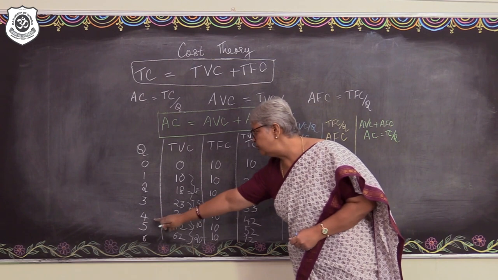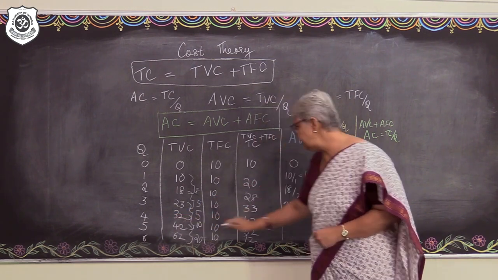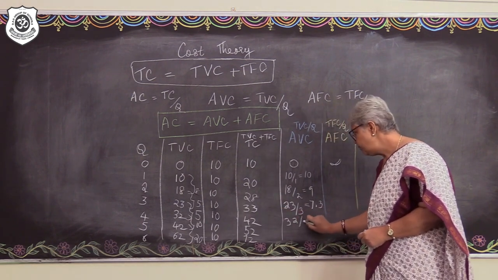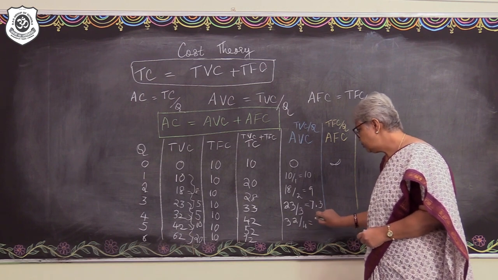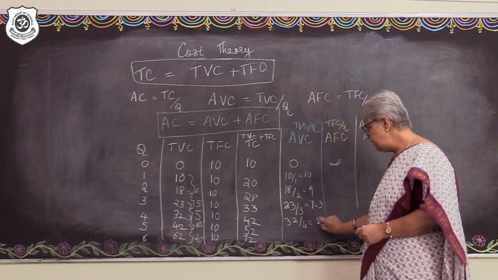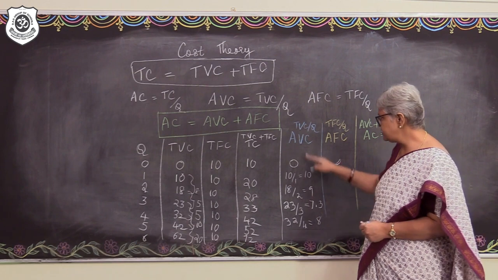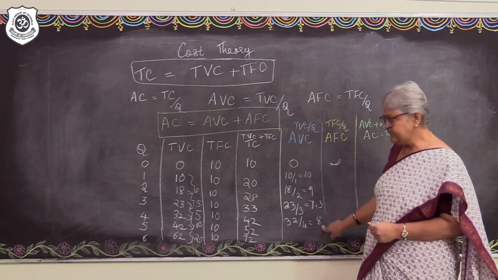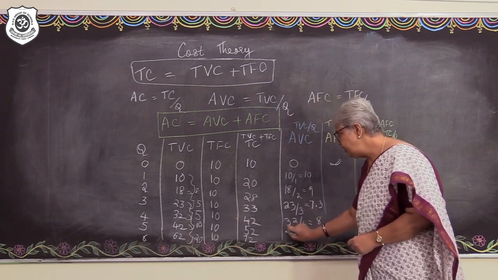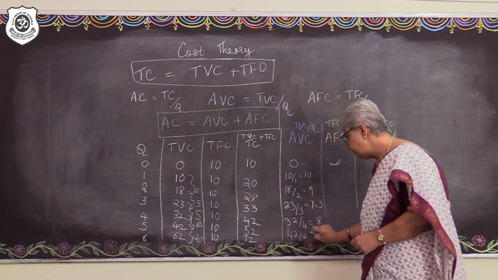Then the output is going to increase to the next level 4, where the TVC is 32. So this is going to be 32 divided by 4, that is going to be 8. So you see that there is an increase in the average variable cost. It has fallen and then it increases. Let's check out the next level. That is going to be 42 by 5, right?